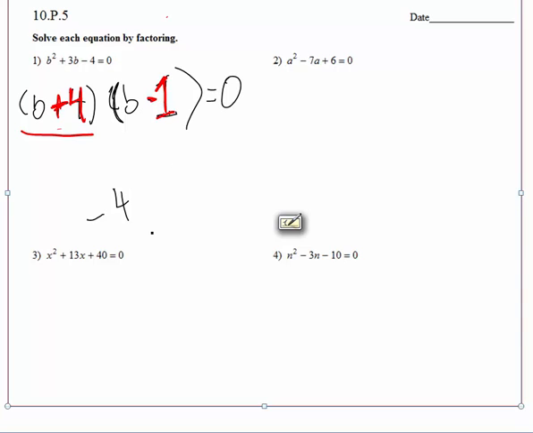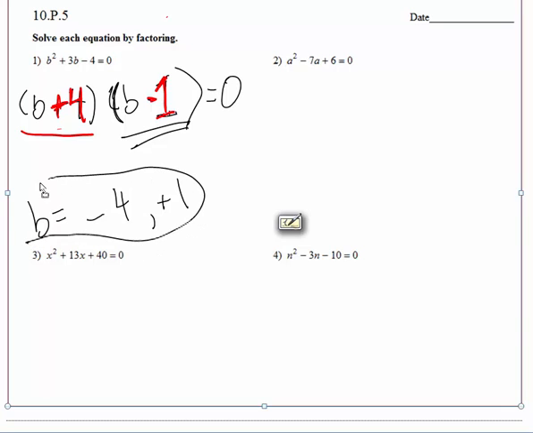The opposite of negative 1 is plus 1. If I put either negative 4 or plus 1 in for b, one of these parentheses will equal 0. And because this is a multiplication problem, it'll make the whole thing equal 0. And so it'll be correct. So this is our solution: b equals negative 4 or plus 1.